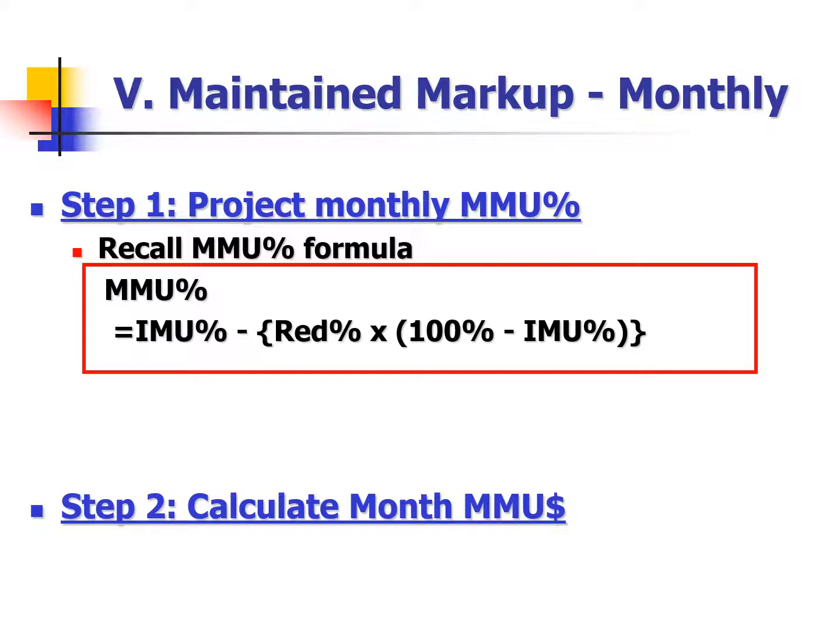So by this time, we would already know what the initial markup percent is. And also we know the reductions percent for the season, and also for each month. We already have planned or calculated reductions percent for every month in a prior step of the 6-month plan. So we've got the figures. We just have to utilize these two numbers to come up with our MMU percent.